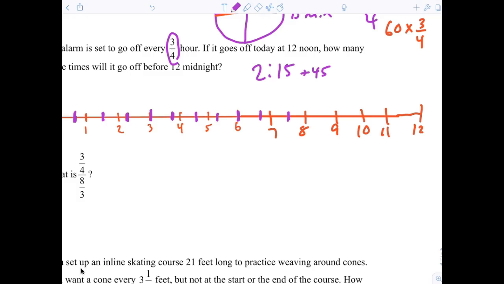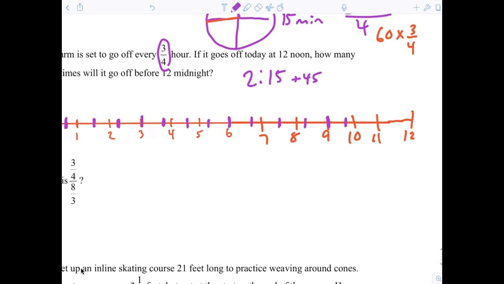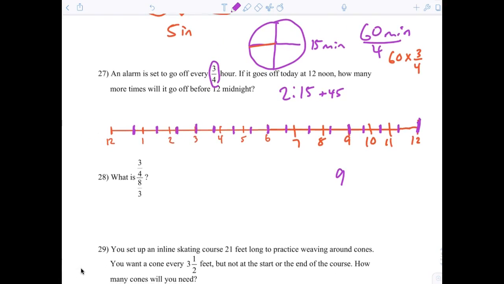Good. Keep thinking. 8:15. Then what? 9. Then what? 9:45. Good job, girl. 10:30. Then what? Good. Then we ended exactly at 12. Right? So now let's count them. 1. Come on.